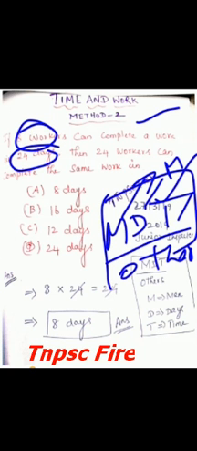Whatever number they give for men, days or time, you multiply those values in the numerator. Any other value they give, you put in the denominator. This is a small trick I tell you for this type of question, easy to solve.